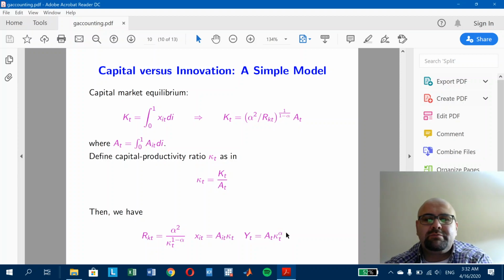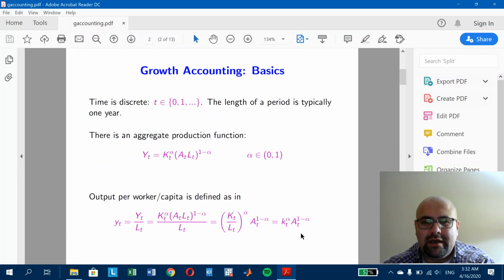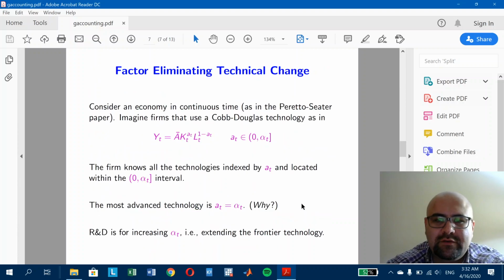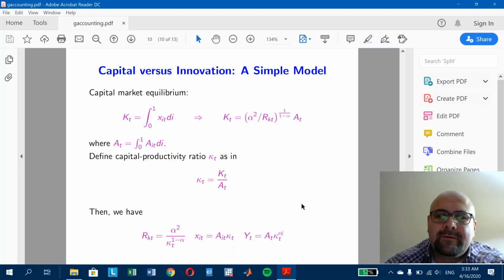With respect to the discussion on growth accounting, you can use this equation by replacing kappa, and eventually you arrive at this one. So growth in GDP will be originating from capital and from productivity. At the aggregate level, we are still dealing with the same economy. But of course, the model that we are now studying is much more complicated from a microeconomic perspective.